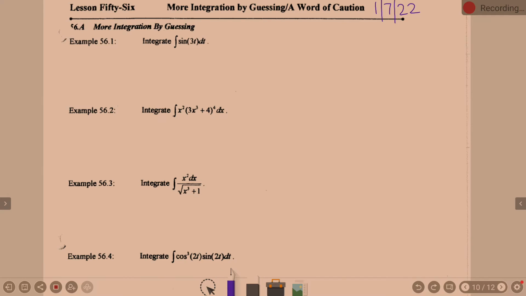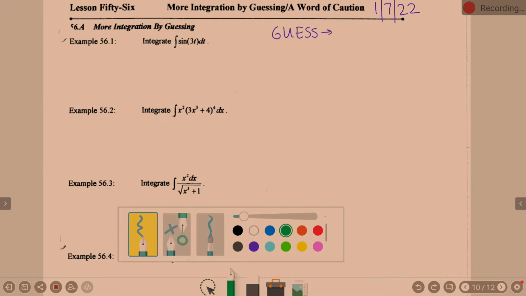So, if you had to guess, because that's what we're going to do, we're going to guess when we integrate the sine of 3t dt. What would you guess for the sine of 3t dt? Would it be negative cosine of 3t?